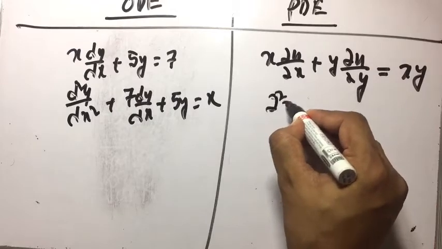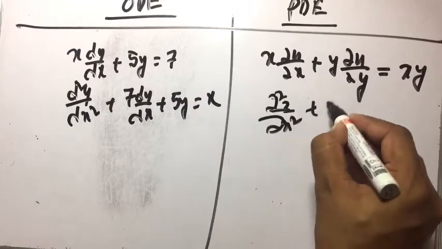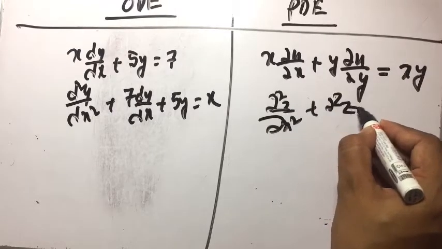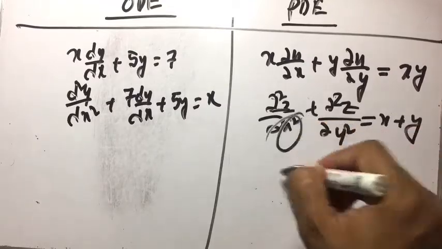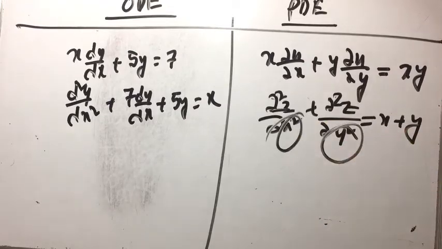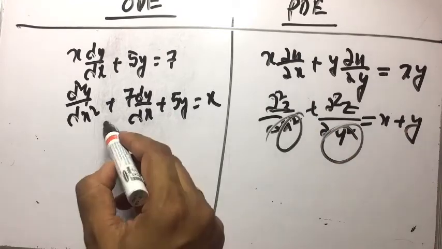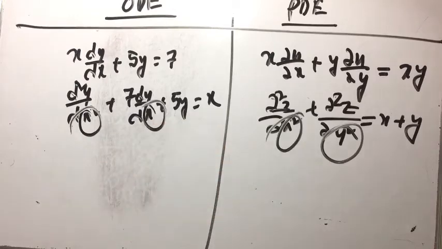And suppose d square z by dx square plus d square z by dy square equal to x plus y. Here there are two or more independent variables, but in the ordinary case there is only one, either dx or dy. So this is the difference between ordinary and partial differential equations.